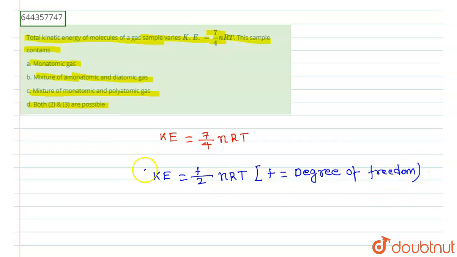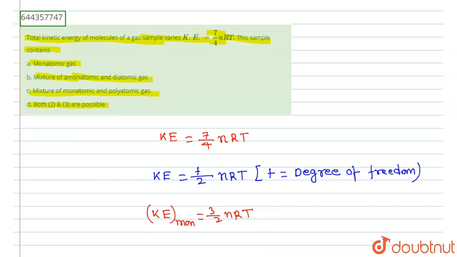Now, for monoatomic gas, the degree of freedom is only translational. So the kinetic energy for monoatomic gas is 3 divided by 2 nRT.